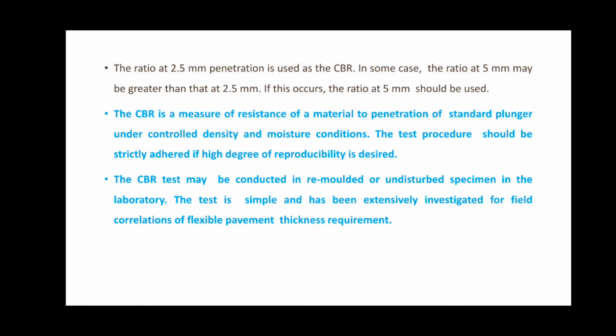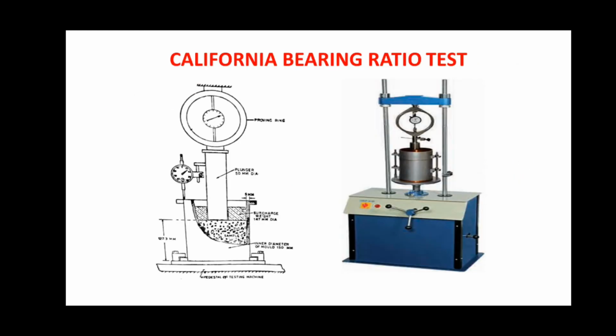The specimen in the mold is then subjected to 4 days of soaking, and the swelling and water absorption values are noted. The surface weight is placed on top of the specimen in the mold, and the assembly is placed under the plunger of the loading frame as shown in the figure.